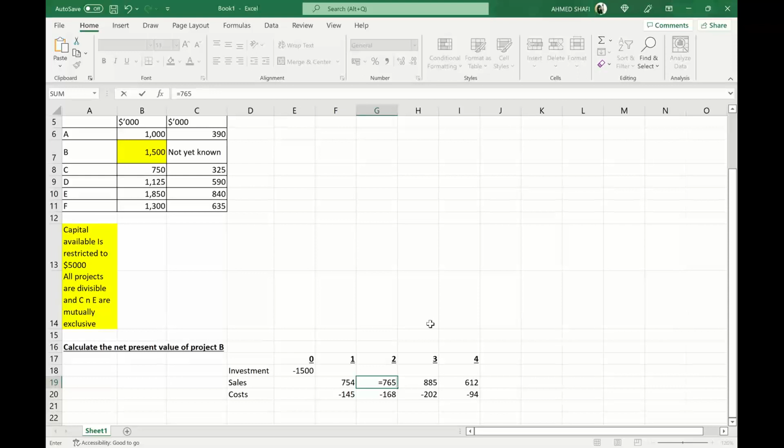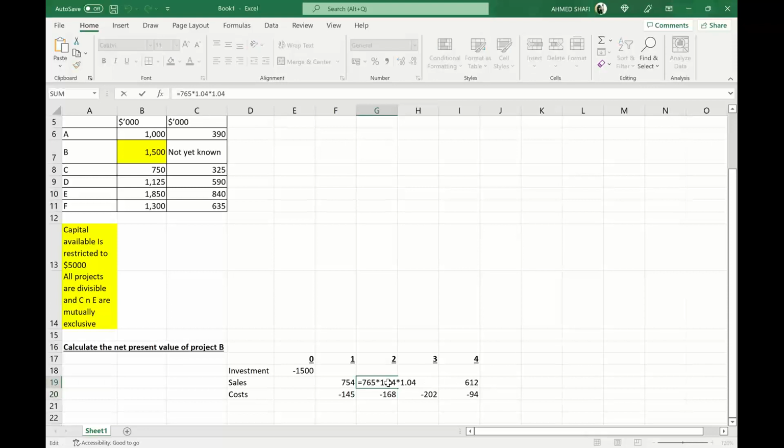Inflation is 4% per year. If you multiply by 104%, this brings the inflation impact one time. Since it's year 2, you need to inflate it by 104% 2 times. So times 104% times 104%, the value would be 827.424.